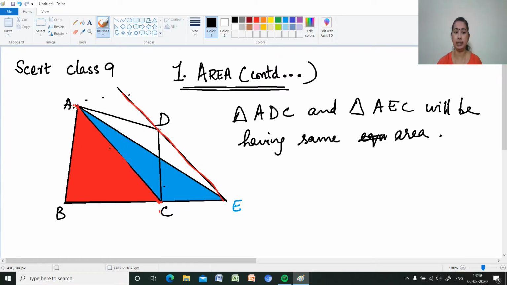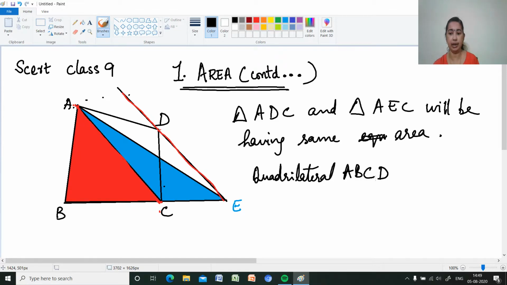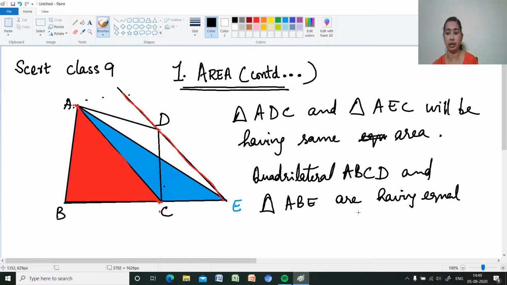So we can say that the quadrilateral ABCD and triangle ABE have equal area.